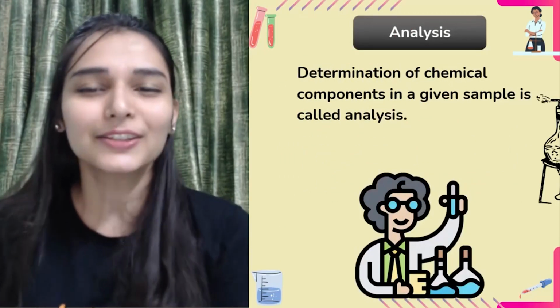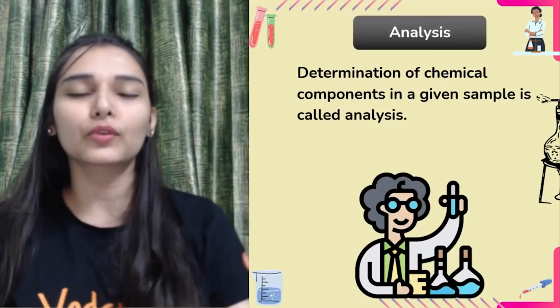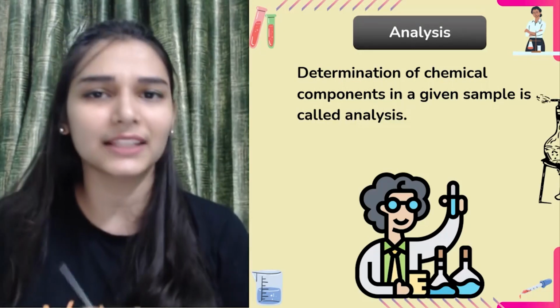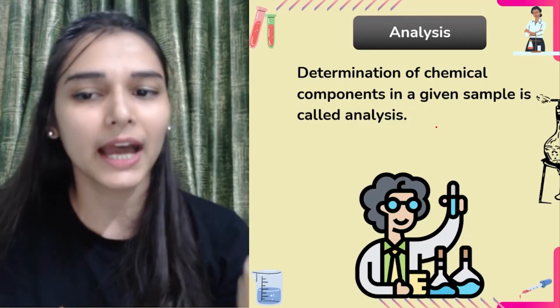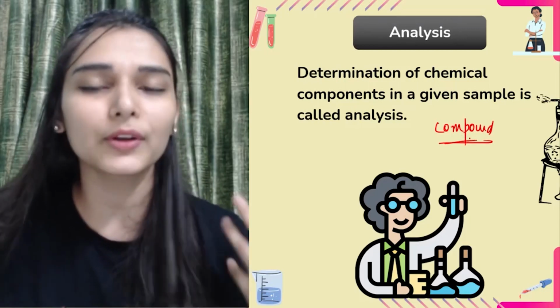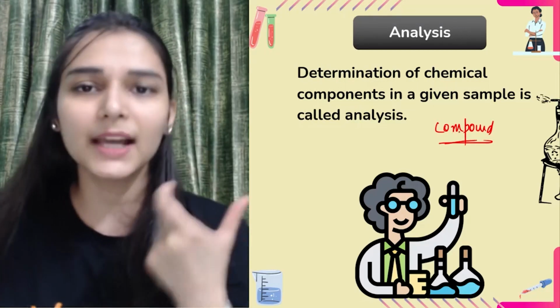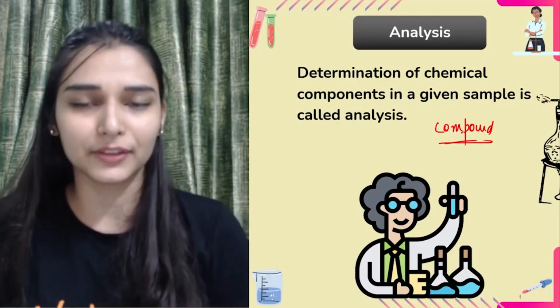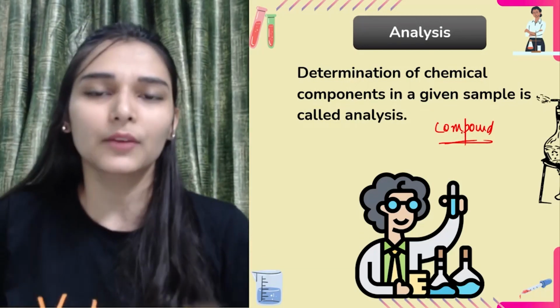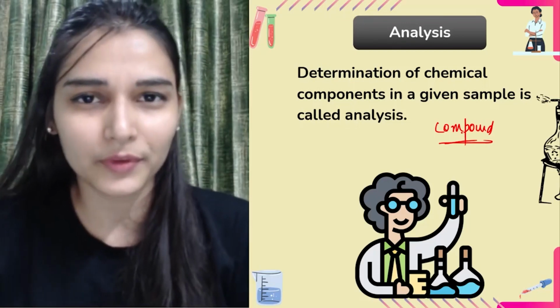Let's begin. When I say analysis, let's say you go to a chemistry lab. In the chemistry lab, your teacher has given you an organic compound. I have given you one compound and you don't know the nature of it. You have no idea about it. Some random compound in a packet I have given you, and I want to ask you, can you tell me what exactly this compound is?